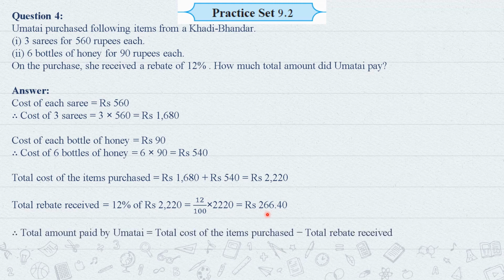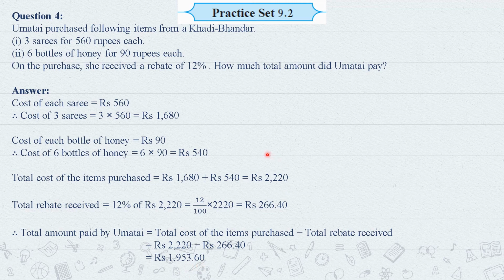266.40. Now the total amount which Umatai will have to pay will be the total cost of the items minus the total rebate. So that will be 2220 minus 266.40. Once we do the subtraction, we'll get 1953.60.